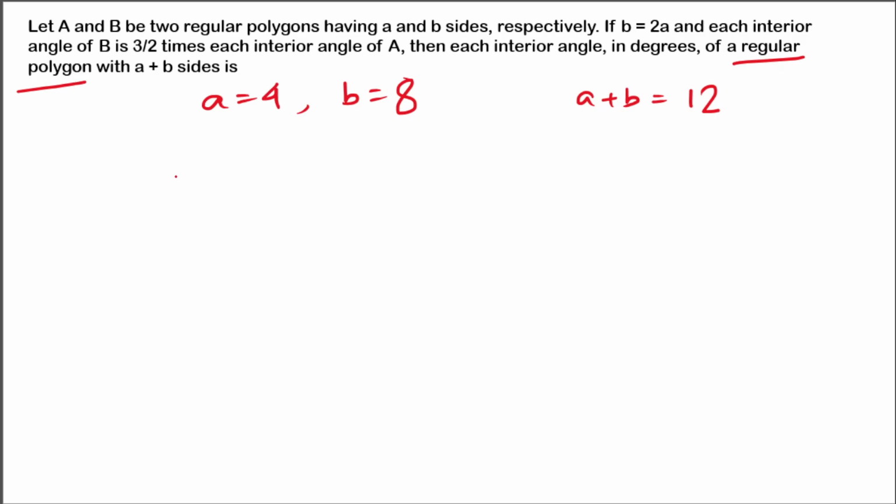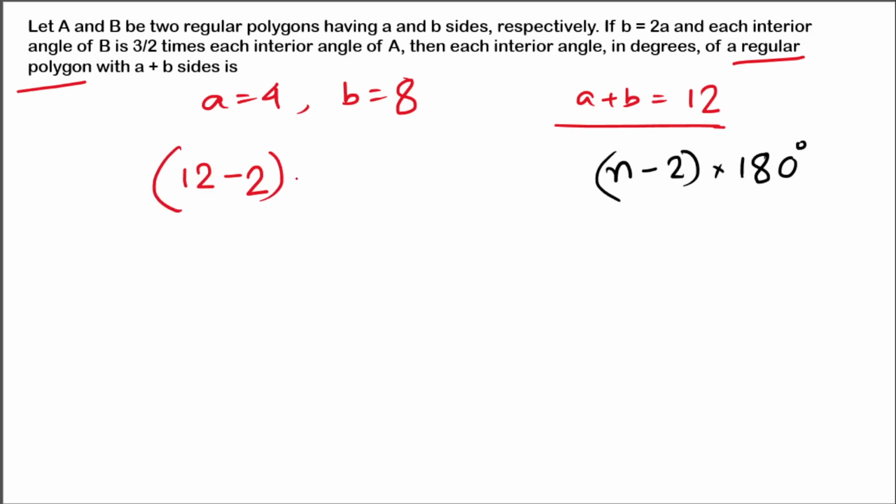Again we will follow the same step. What is the total? I will write the formula again here: n minus 2 into 180 degrees, that is the sum of all internal angles. The polygon has 12 sides for our question, so that is 12 minus 2 into 180 degrees, the sum of all internal angles. Because it is a regular polygon, to find one internal angle's measure we have to divide by the total number of sides.